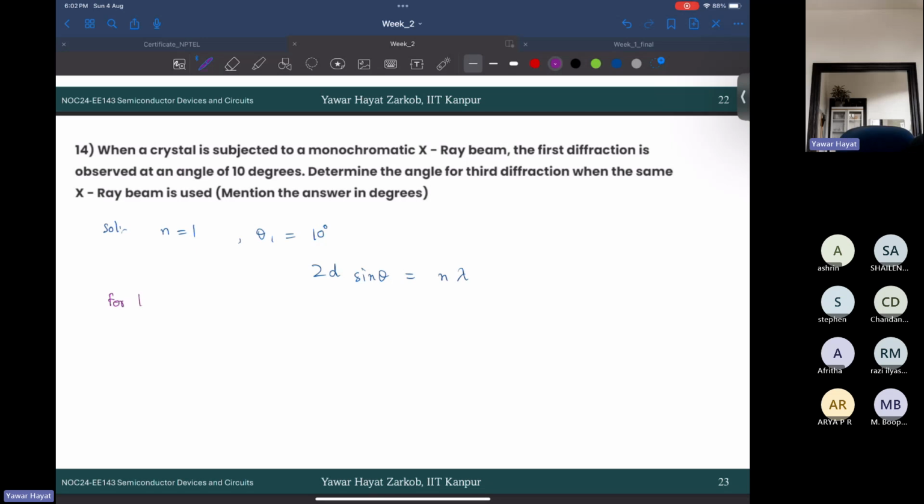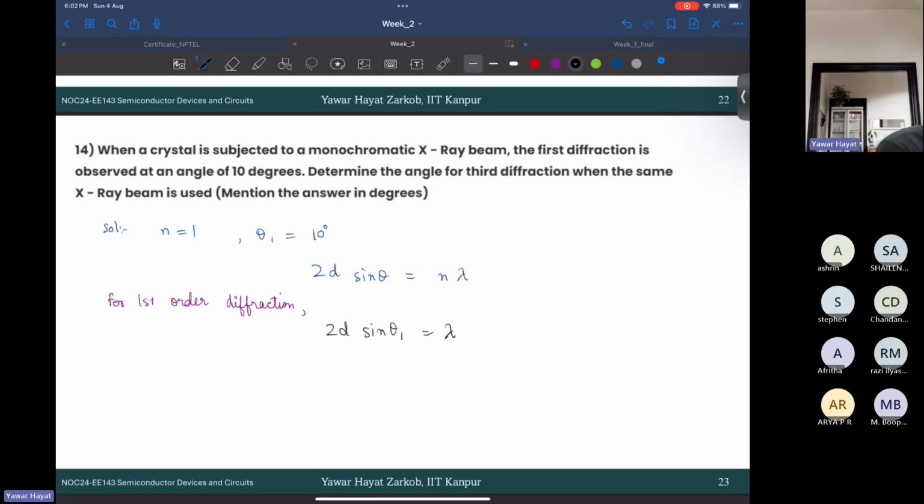For first order diffraction, what we'll have is 2d sine theta 1, and our n would be 1, so it would be lambda. What do we get from here?